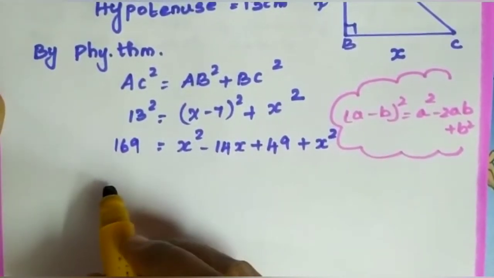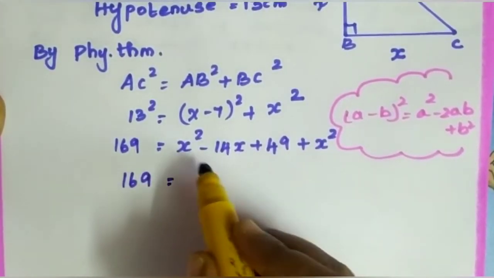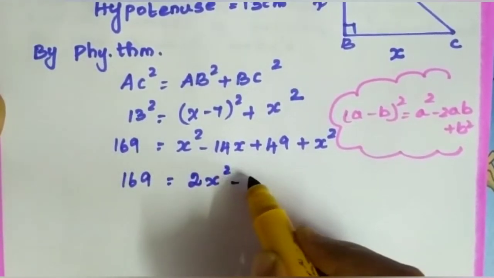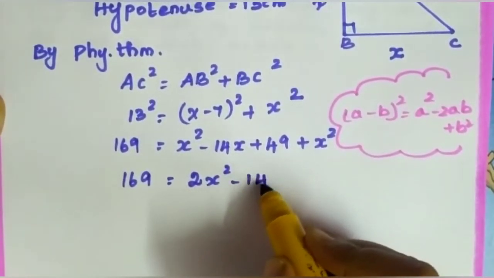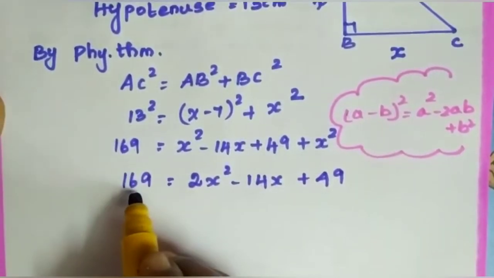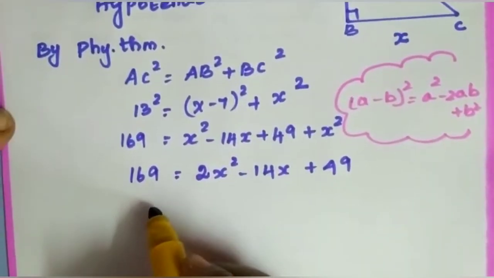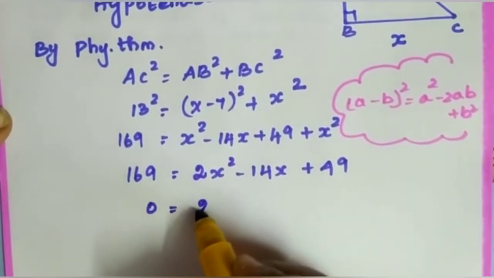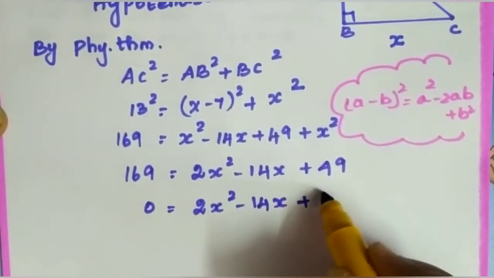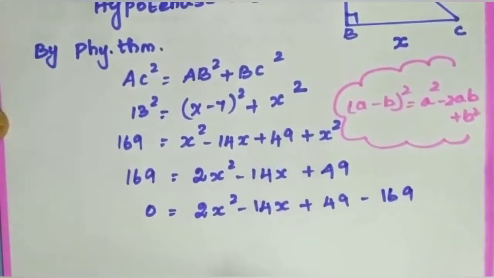Then 169 is equal to x square plus x square, which is 2x square, minus 14x plus 49. So I am going to shift this 169 to the right hand side to frame the equation: 2x square minus 14x plus 49 minus 169.